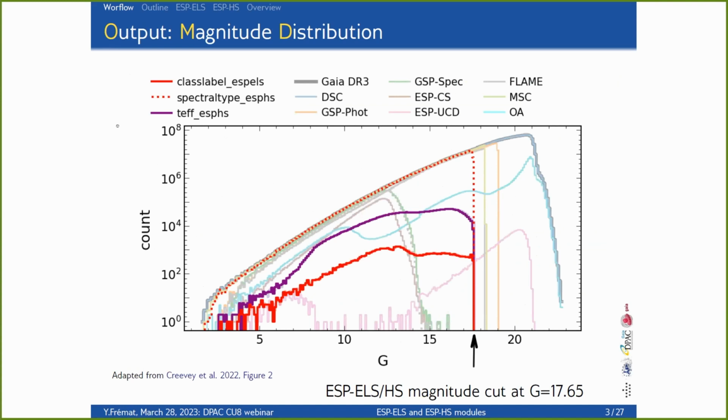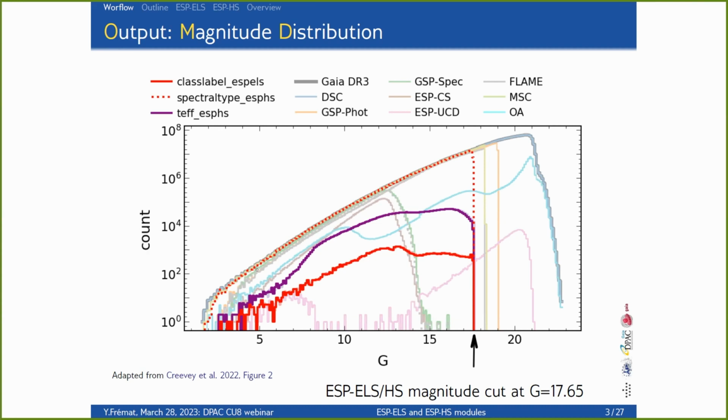The ESP, ELS, and HS modules did not run on the complete data that was available. A compromise was found to avoid the modules processing data that are too faint or of too poor quality for the algorithms, and also for a question of processing time, it was decided to implement a straight magnitude cutoff at magnitude 17.65.